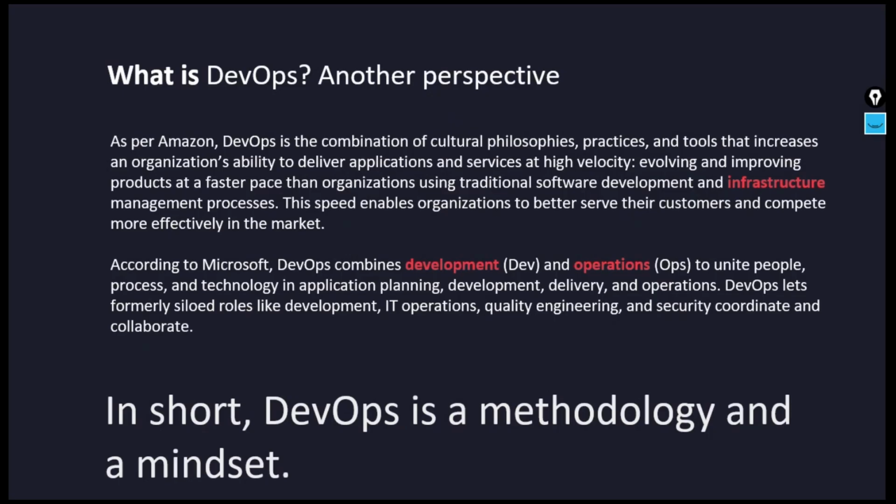It is a philosophy, it is a practice, and a combination of tools that increases an organization's ability to deliver applications and services at high velocity, high speed, evolving and improving products at a faster pace than organizations using traditional software development and infrastructure management processes. This speed enables organizations to better serve their customers and compete more effectively in the market. So that's a fantastic definition.